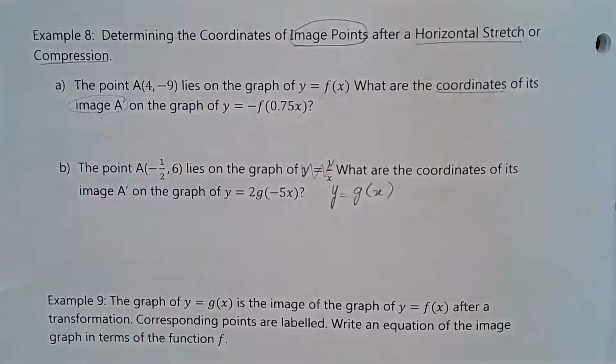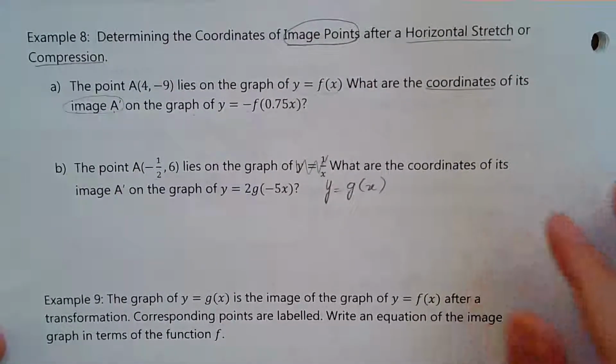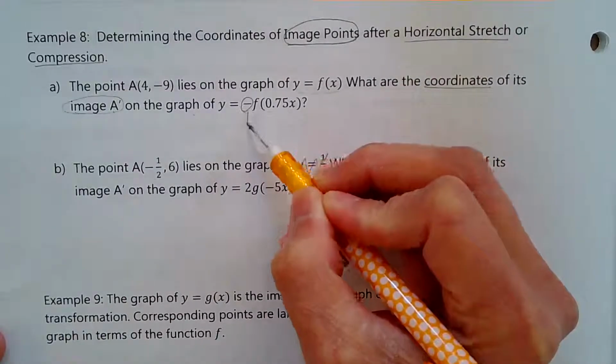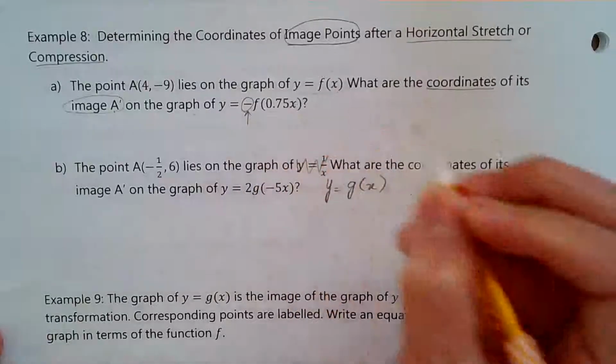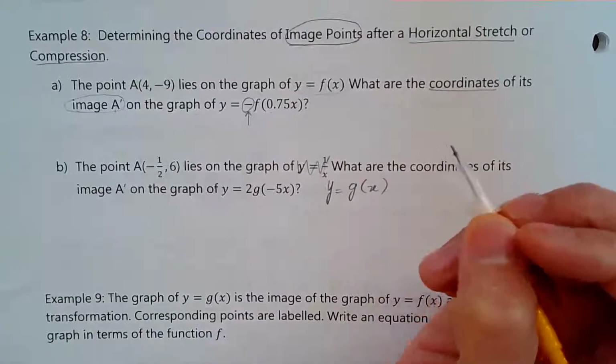Okay, pause for a second. In our language of math, what is our transformation here? What kind of transformation is happening here? It's a reflection. Which one? Because we have two different kinds of reflection. Vertical.